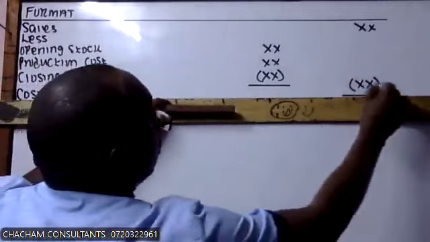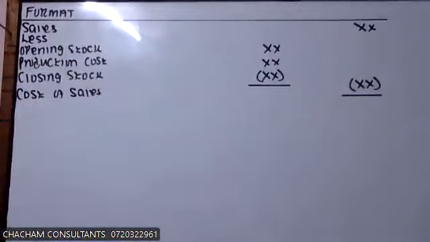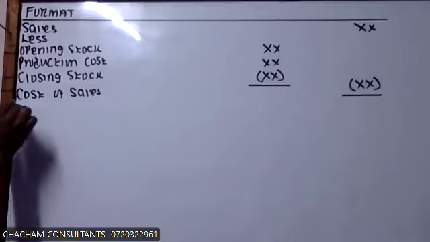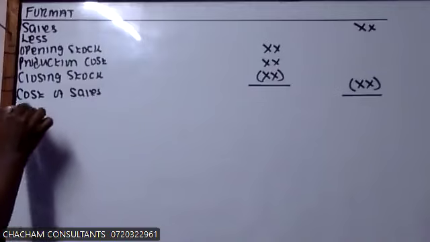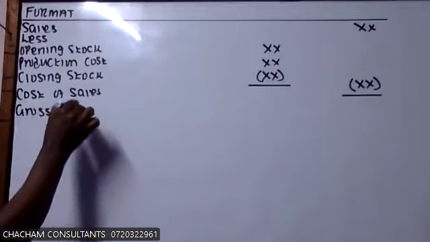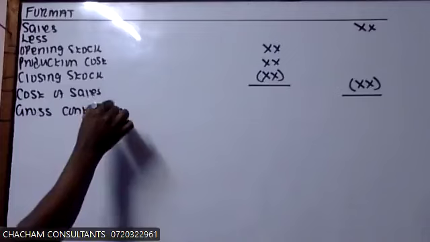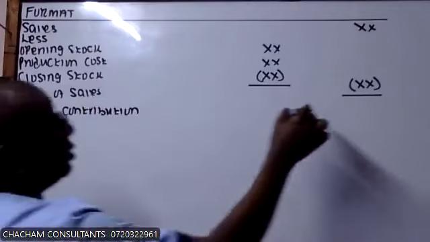When you put the cost of sales there, the next thing is you get something called gross contribution.